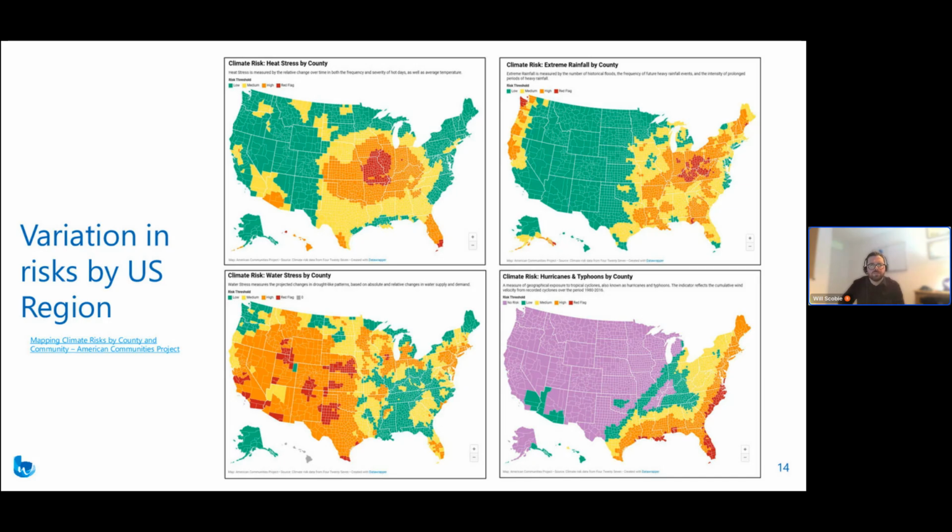The top left diagram is around heat stress. So the area in red, which is in the middle, which is Illinois, Missouri, Iowa, that area is the bit that's being hit the most by high temperatures, and the communities there are really struggling with heat stress. The areas that are green are not impacted, or only on a low level. You can see there's a bit of a tip down at the bottom right in Florida, but you can see that the major area impact is in the middle of the country.